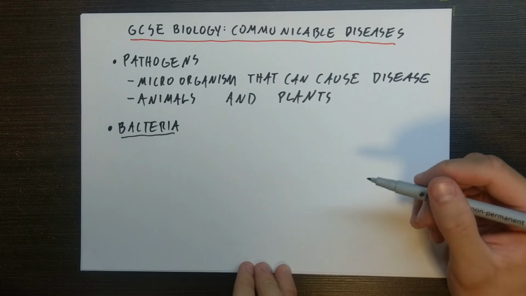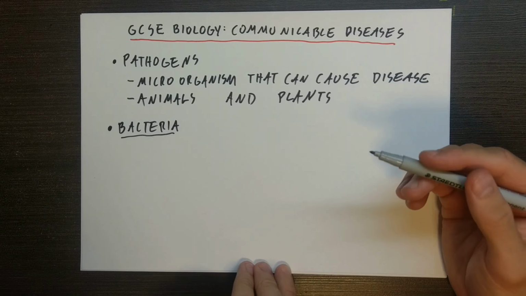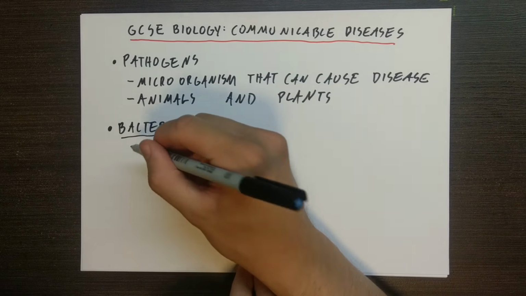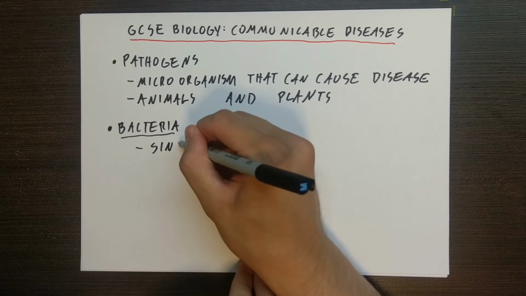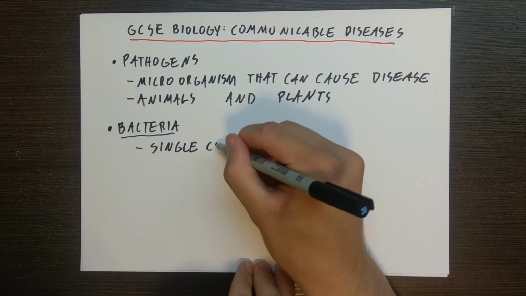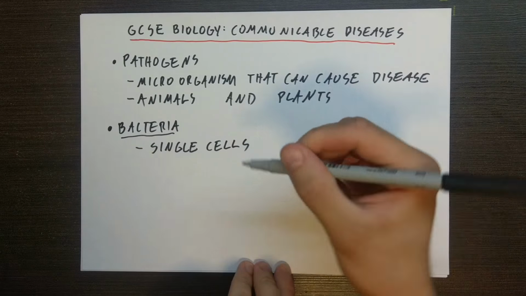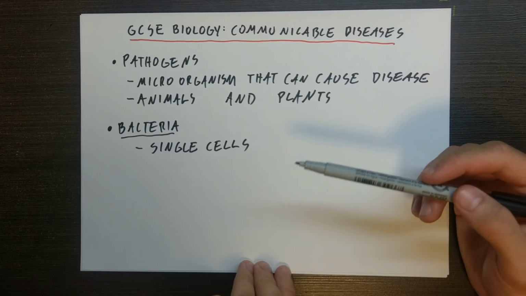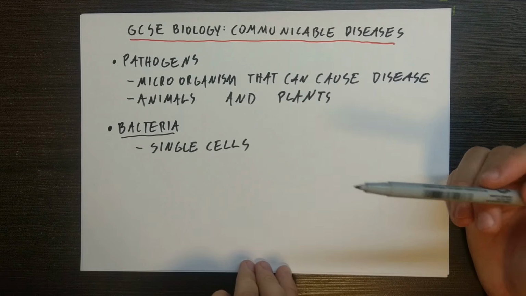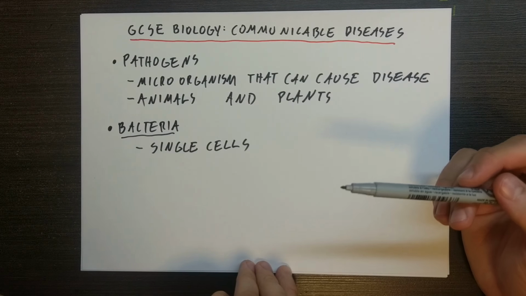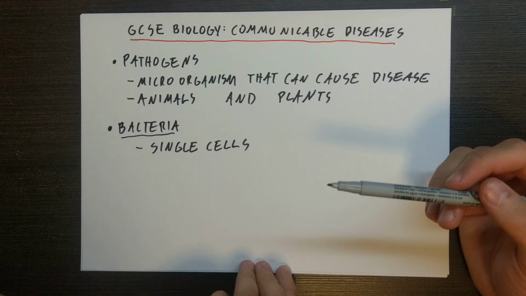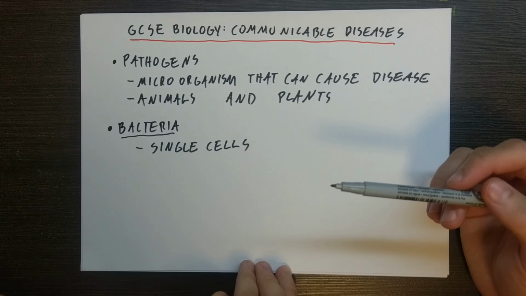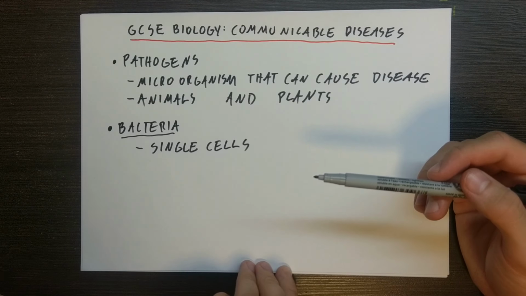Bacteria. Now, bacteria are very small single cells. And these single cells, these bacteria, reproduce very rapidly. Some of those bacteria can reproduce as rapidly as they can double their number in 20 minutes, which is super fast.